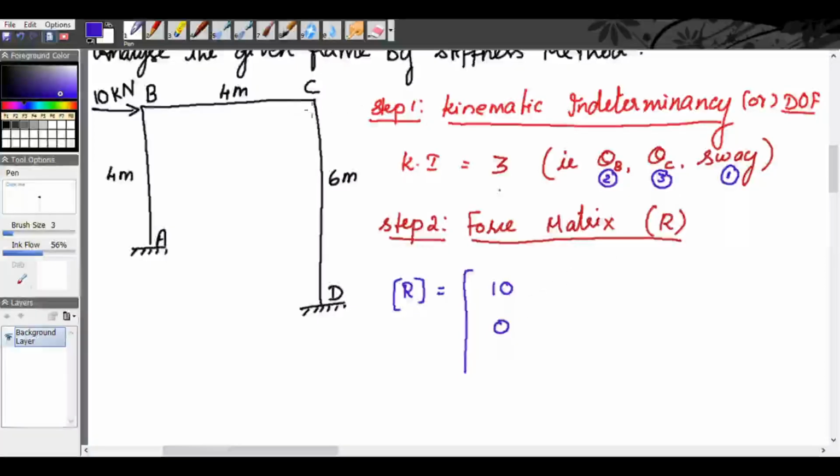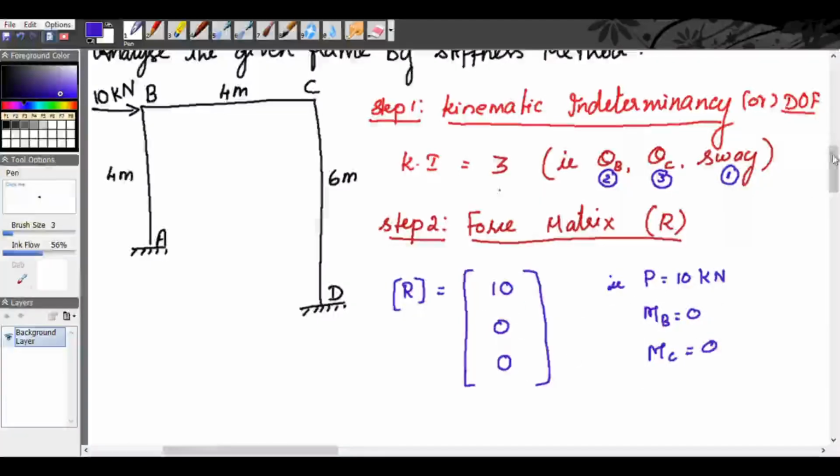Here we have theta C, the rotation at C, but we don't have a moment at C, so moment at C will also be 0. So this is our force matrix: P is 10 kilonewton, moment at B equals 0 and moment at C equals 0. This is how you get 10, 0, 0.